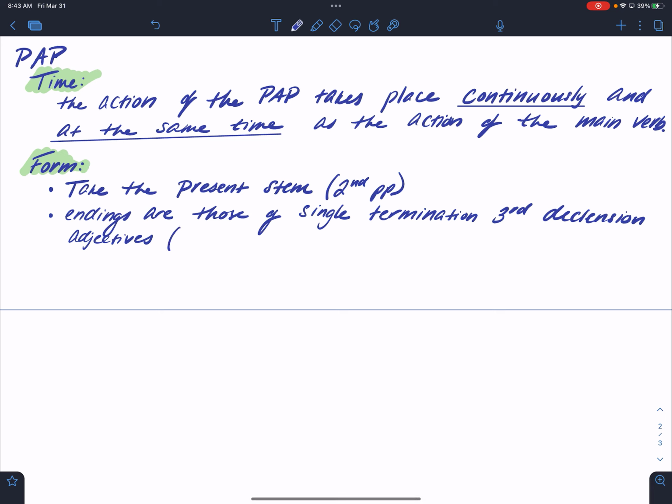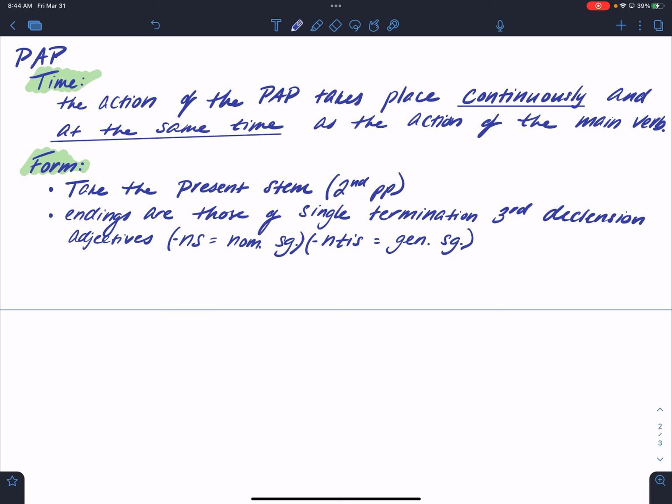The only difference is that -ns is the nominative singular and -entis is the genitive singular. Sorry, I should put a little dash before those just to show that those are the endings that go onto the stem. But other than that, it's just declined like a third declension adjective. Don't they all have NT in them? They do, except for the nominative singular. Yeah, so that's just to give you a heading.